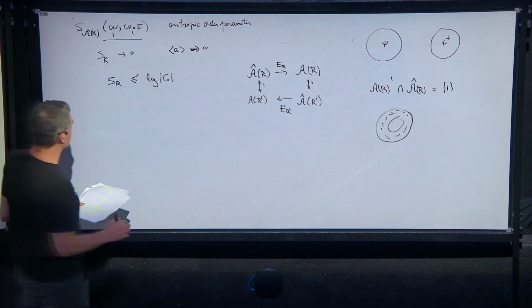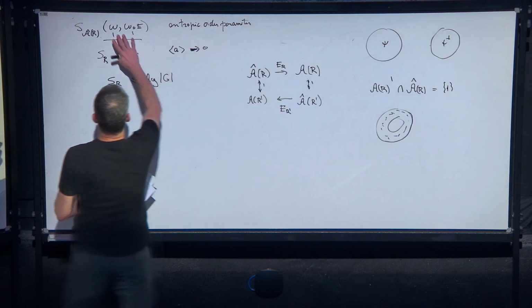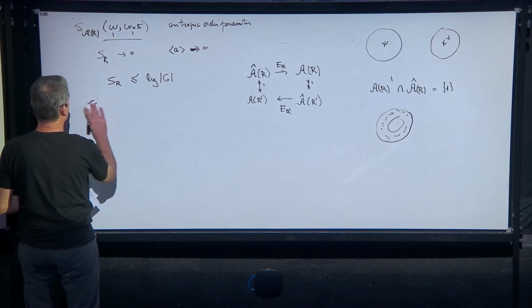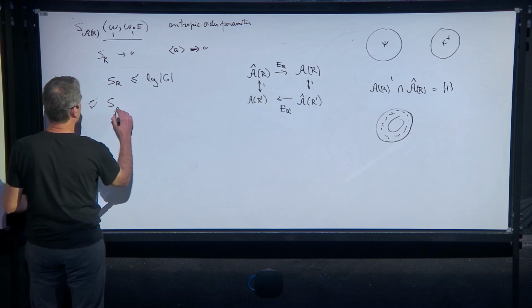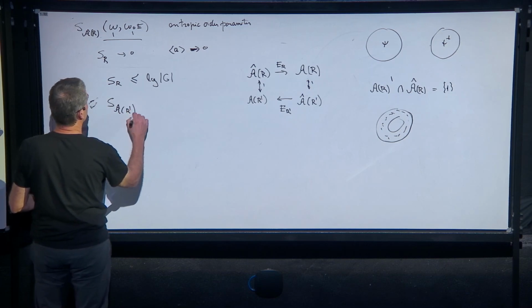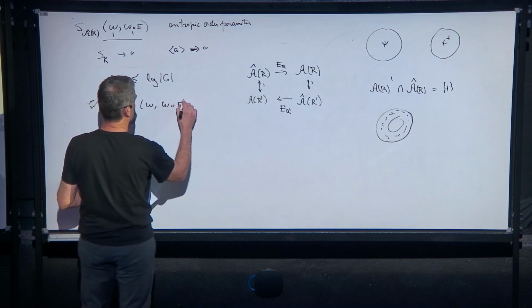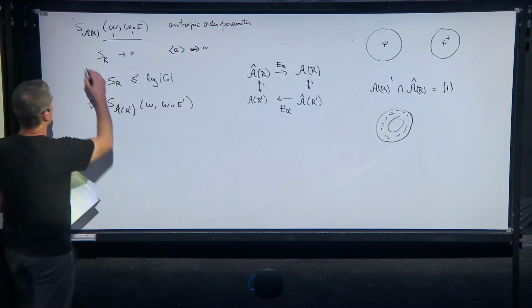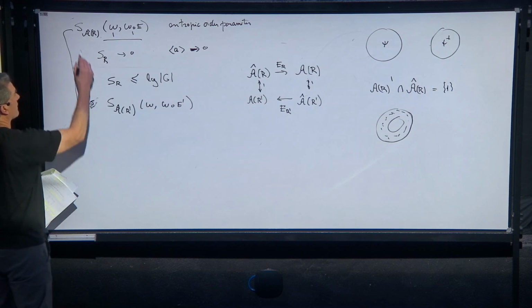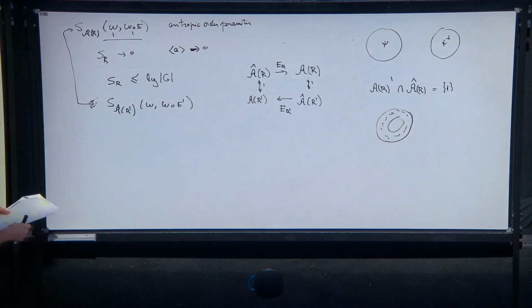Then I will show that you have this order parameter, and then we have also this other order parameter in R prime. So we have two order parameters, and we want to show that there is a relation between them.